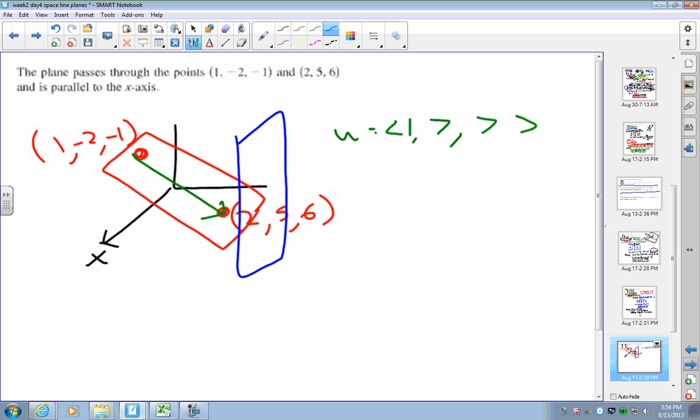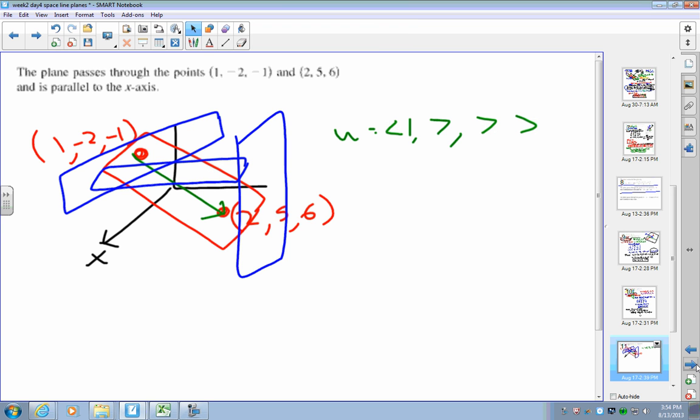Okay? The whole idea of being parallel is any guy that I have does not hit the x-axis. If I'm parallel to the x-axis, I cannot hit the x-axis. So if I cannot hit the x-axis, what does that mean?